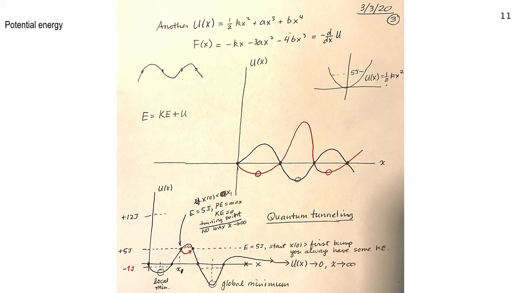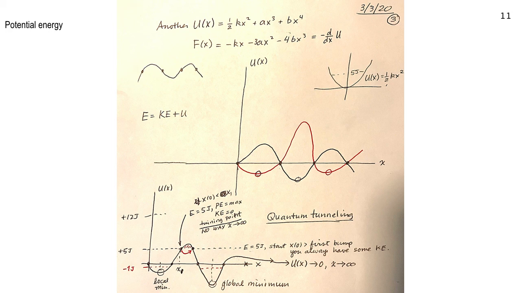Now, if you've ever heard the word quantum tunneling, what that does is the following. If your total energy, for instance, is right here, like -1 joule, you can oscillate at the bottom of this potential, or you can oscillate at the bottom of this potential.